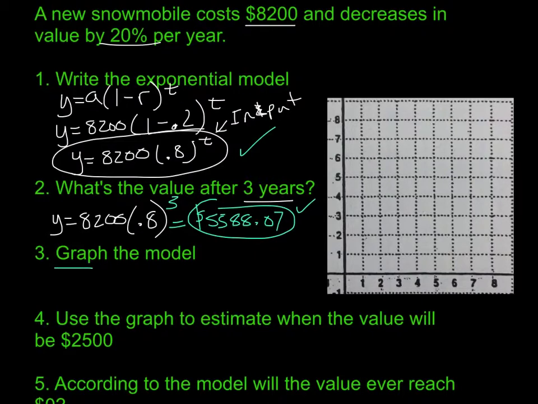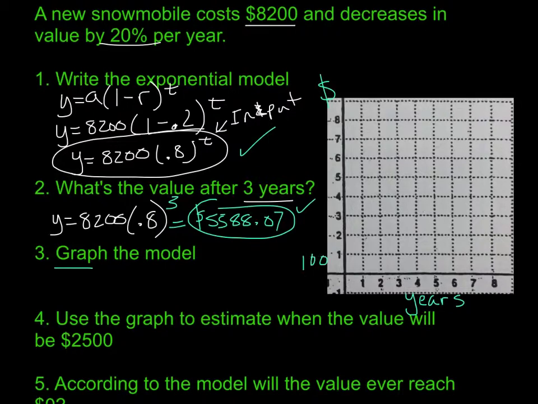And to graph it, I am just going to punch it into my y equals and look at my table, or I could compute a few more of these by hand. But let's relabel our axes right here. This will be the number of years, and we can probably leave that as year 1 through year 8. That's fine. And we'll make the y-axis here dollars. But why don't we think of these instead of $1 through $8?